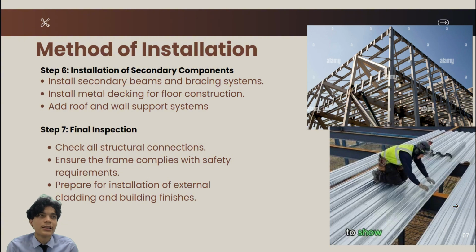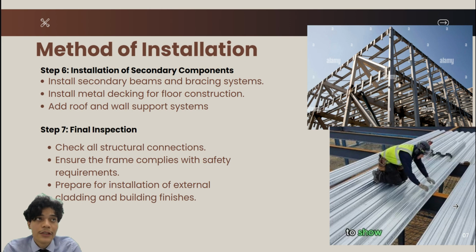So, the next stage involves installing secondary structural components such as secondary beams and the bracing system. These components improve the stability of the frame and provide support for floors.